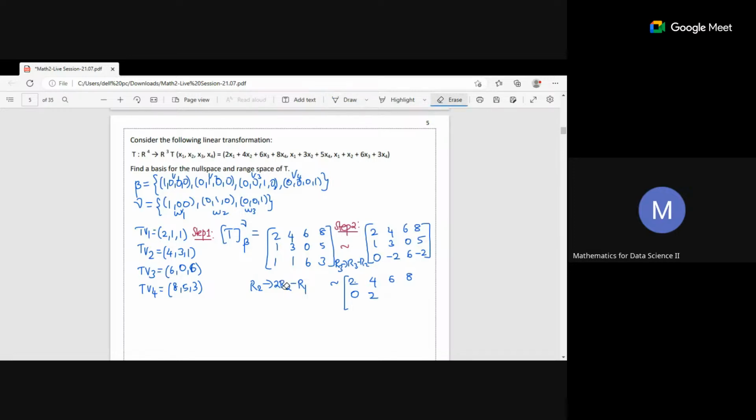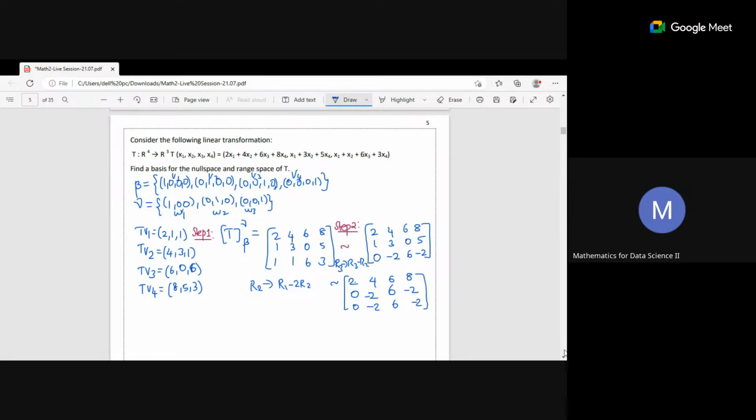Both the columns will be the same in that case. So I'll write R1 minus 2R2. In that case, you will get 0, 4 minus 6 is minus 2, and then 6 minus 0, and then 8 minus 10, so minus 2. Sorry, here it is 6. Okay, so 0, minus 2, 6, minus 2.